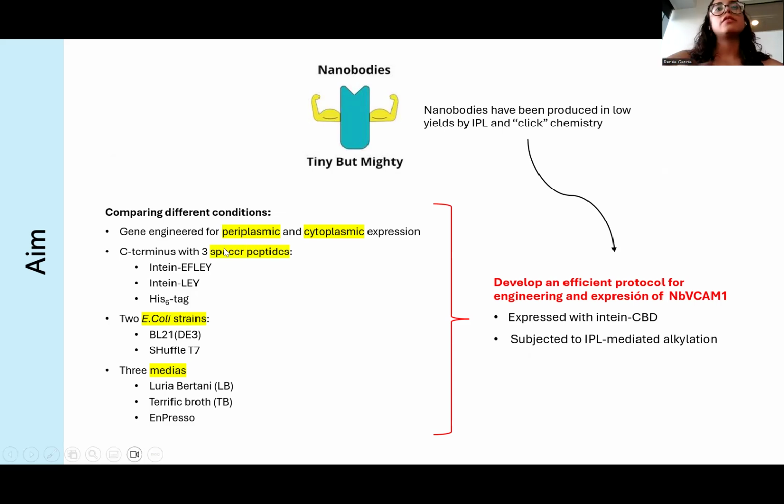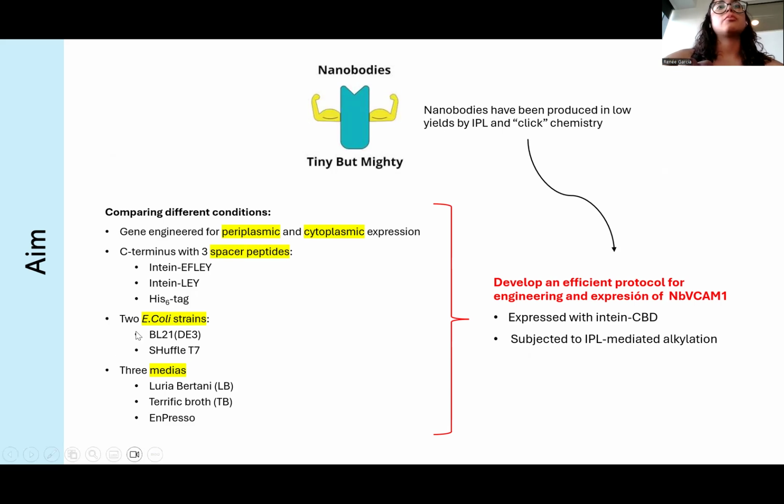The gene has been modified to be expressed in the periplasm or in the cytoplasm of the E. coli cells. Also, the C-terminus of our protein can have an intein Aplay peptide, an intein Lay peptide, or a His-tag peptide, which vary in size, and this allows for better cleavage of the protein.